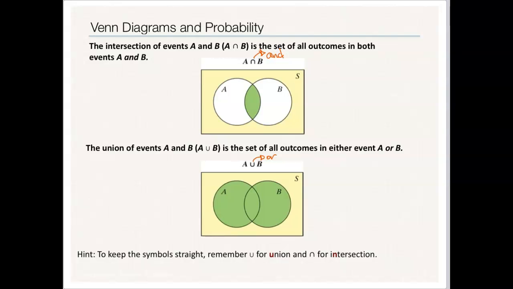And those symbols: the sort of upside down horseshoe is ∩ and the horseshoe that looks like a U is ∪. They stand for union for or, and intersection for and.